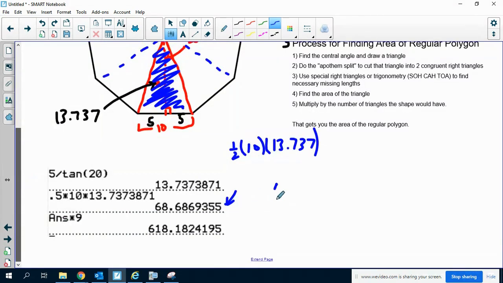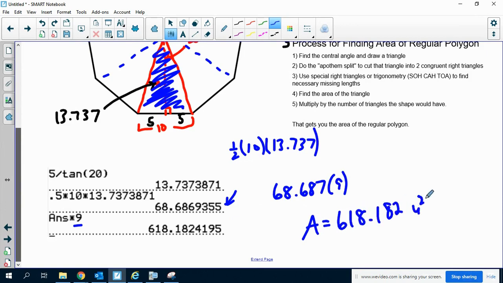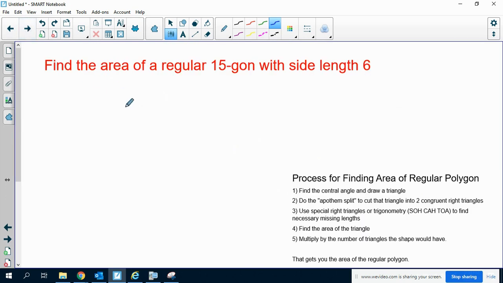Then I take that 68.687, and I multiply it by 9, because there are going to be 9 triangles here, and I end up with a final area of 618.182 units squared.